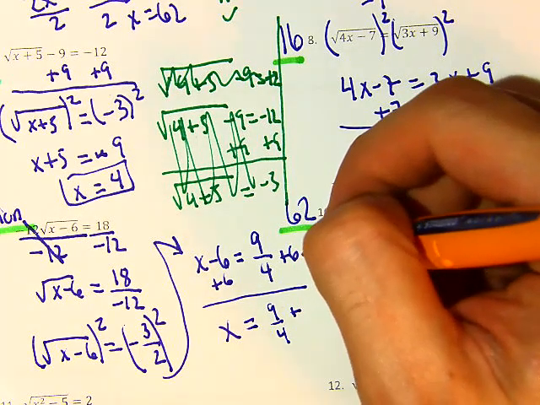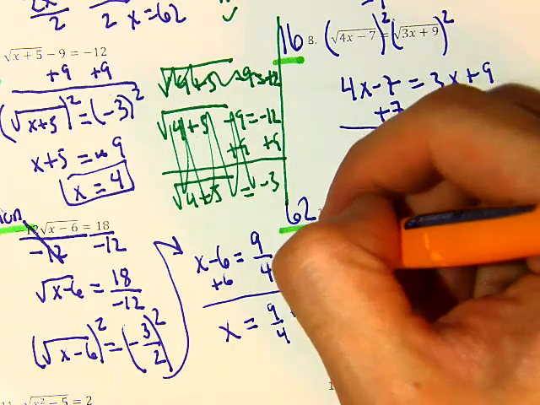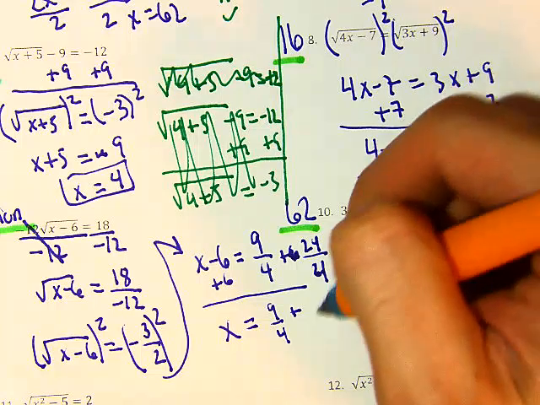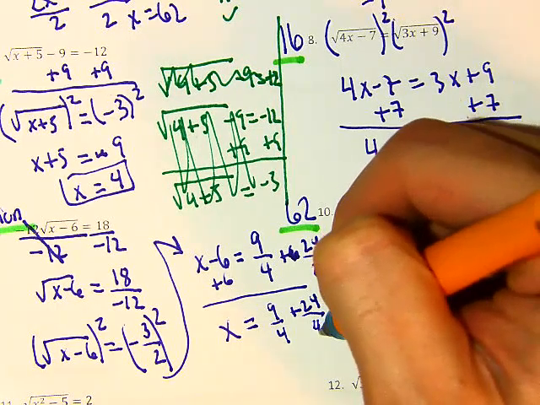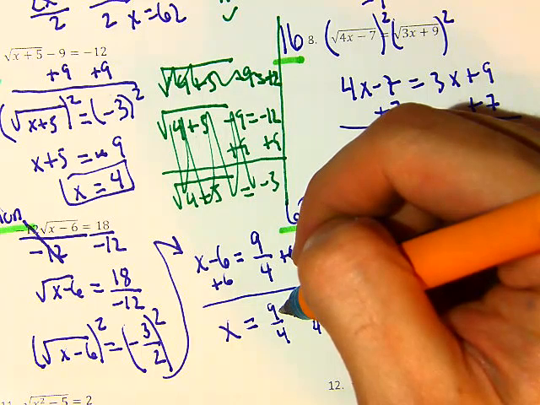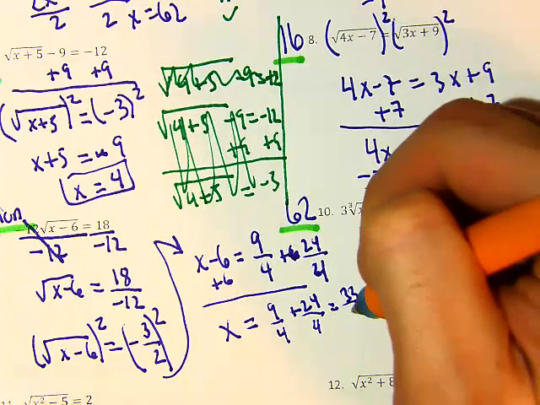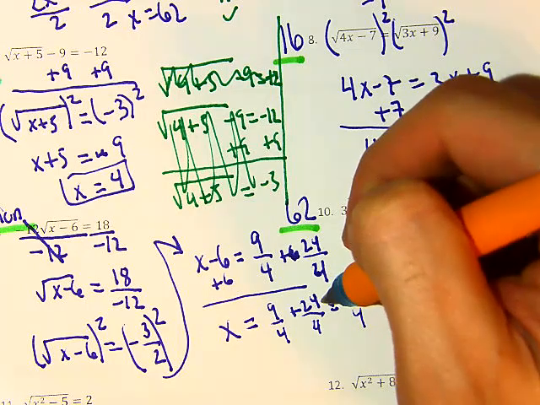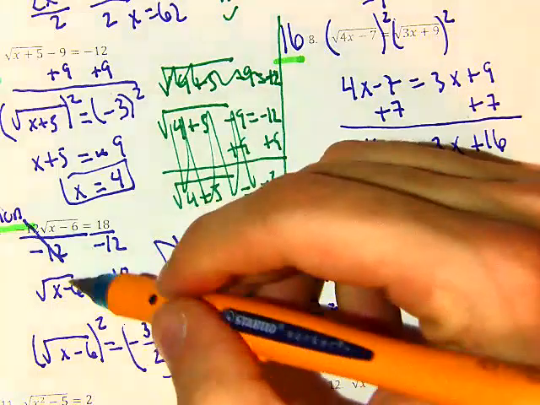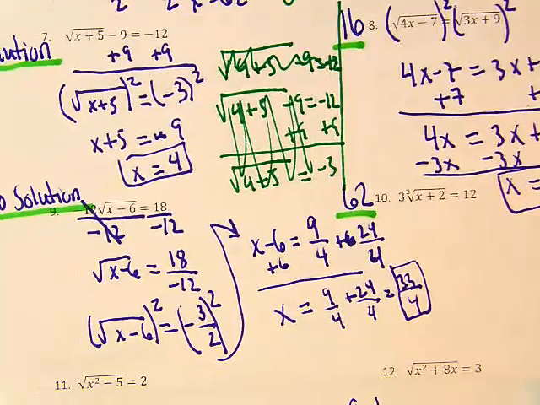Well, 6 is equal to what? 24 over 4, right? This is equal to 6. And now we have 24 over 4. And that's equal to what? 24 plus 9 is 33 over 4. Okay? And if you plug in 33 over 4 into this guy, there should be no solution.